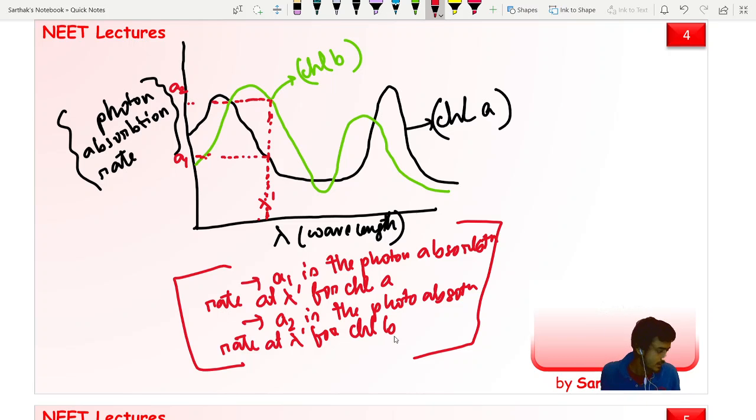In the NCERT the carotenoid graph is also given. I am just copying it from NCERT. For the carotenoid graph, you have to remember the shape of the curves.